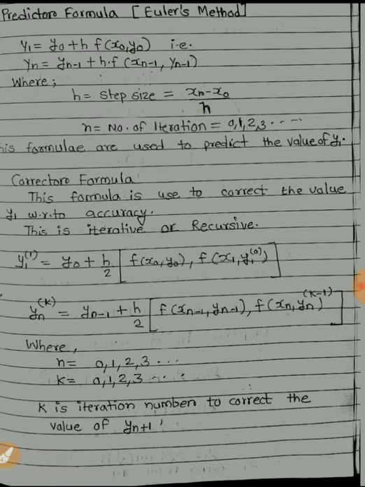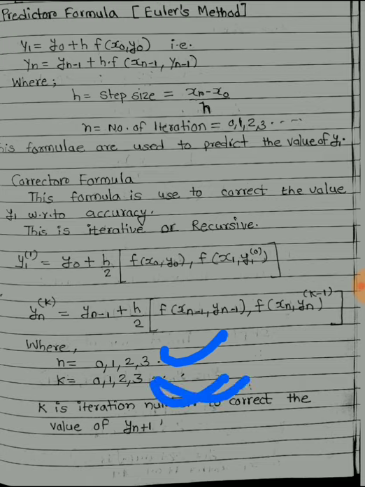Here we have considered n as the number of iterations, so n can start from 0, 1, 2, 3 up to n. And k is the iteration number to correct the value of y, that is yn plus 1.